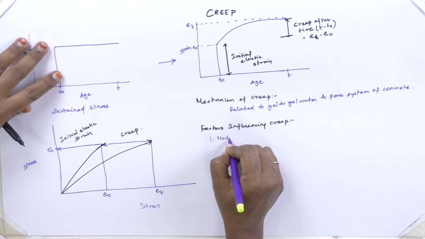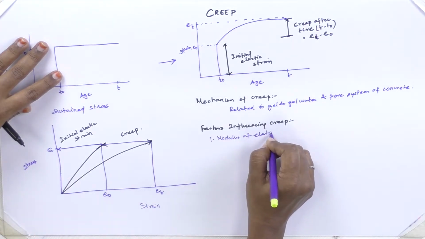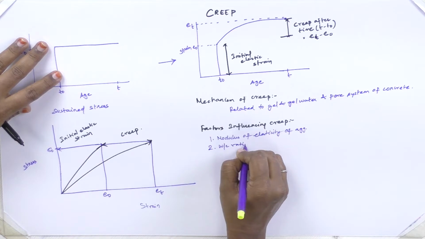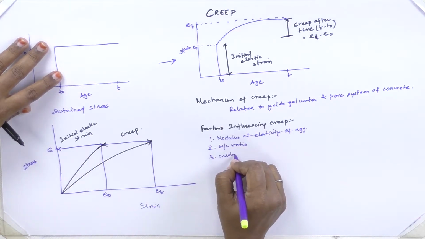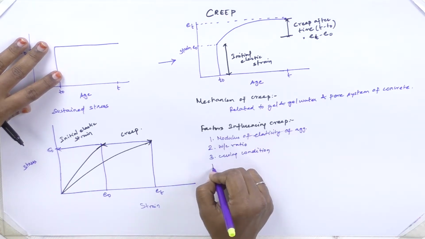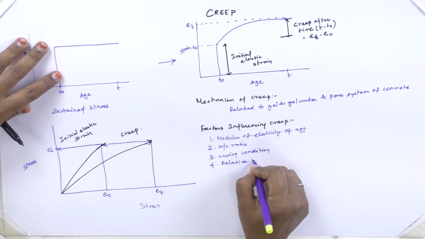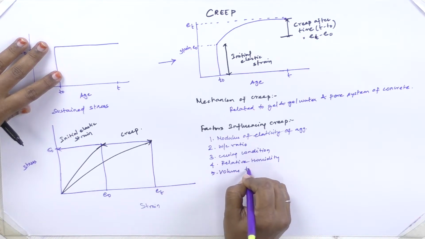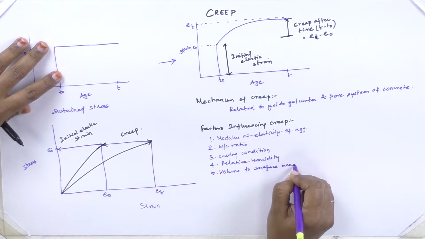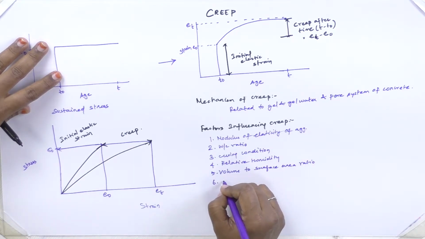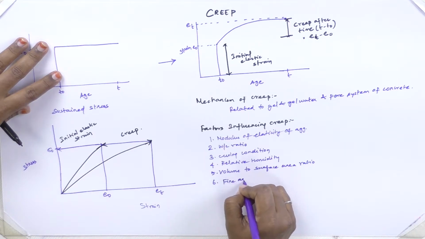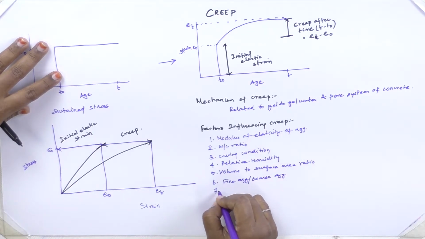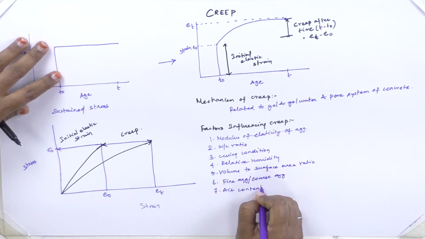First one is modulus of elasticity of aggregate, water cement ratio, curing condition, relative humidity, volume to surface area ratio, fine aggregate, coarse aggregate volume and air content.